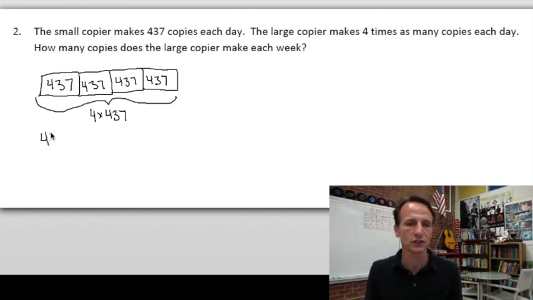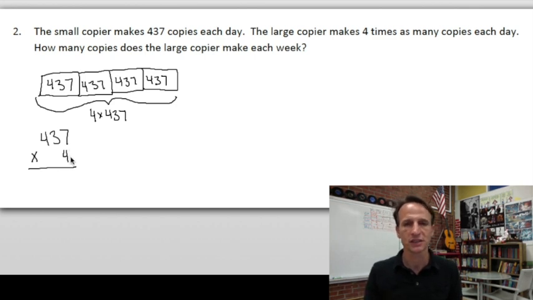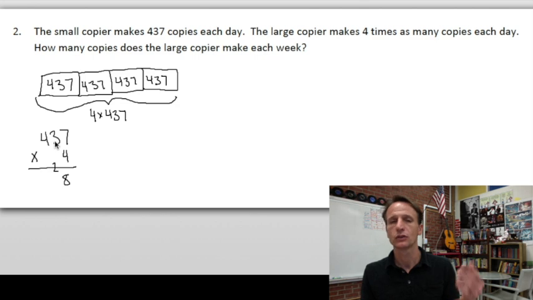So 437 small copier copies times 4 will give us the large copier copies. And so again, we're doing the standard algorithm, so we're talking about 4 times 7, 4 times 3, 4 times 4 with the regrouping. So 4 times 7 is, yes, 28. Regroup that 2, and 4 times 3, 12.